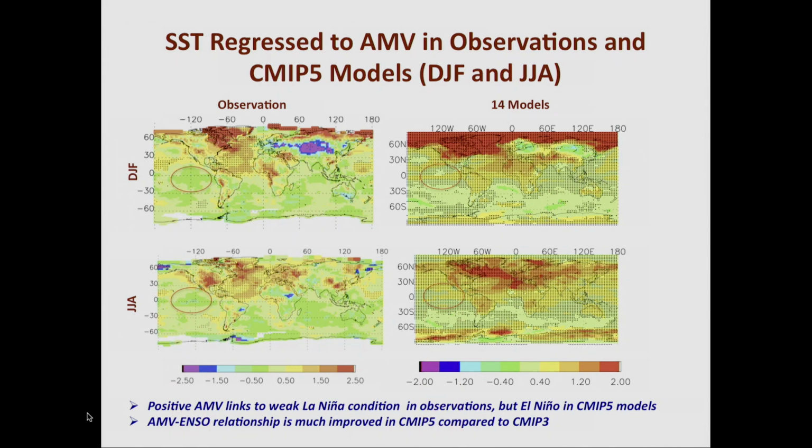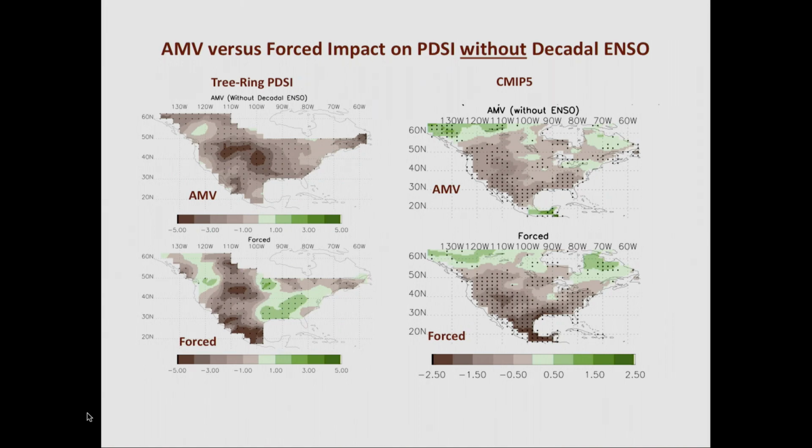So one of the things we did then is to see if we can regress out the ENSO signal and see if that helps with the warm AMV and US drought relationship. This is regressing out what we call decadal ENSO, because everything is being smoothed to retain only decadal and longer time scales. And the results are slightly better.